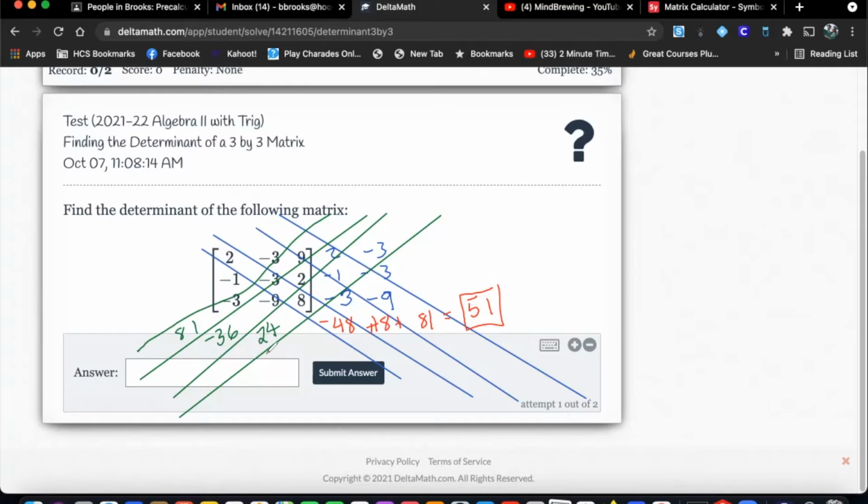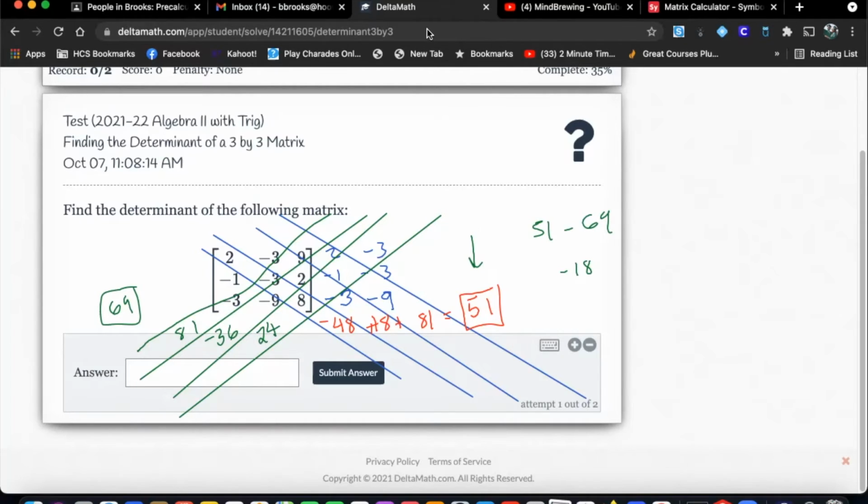All right, so if we add all these together, we end up with -12 plus 81, which is 69. Am I right about that? Yeah. All right. So we take the forward one and we subtract the backwards one, and you end up with -18.